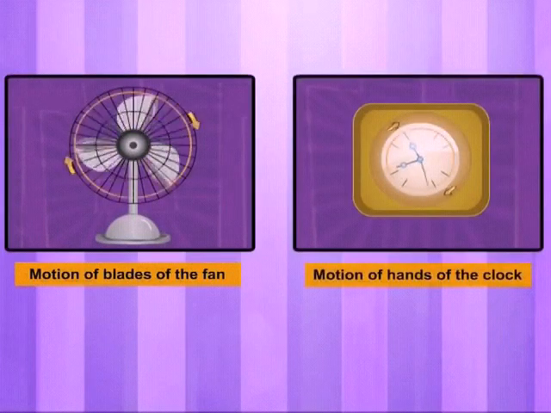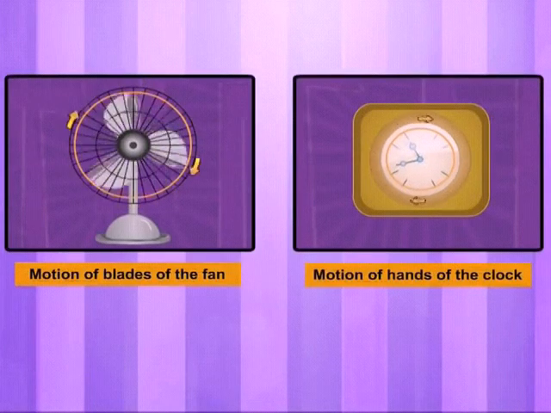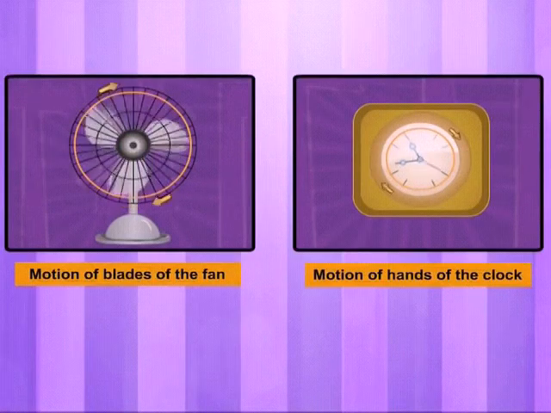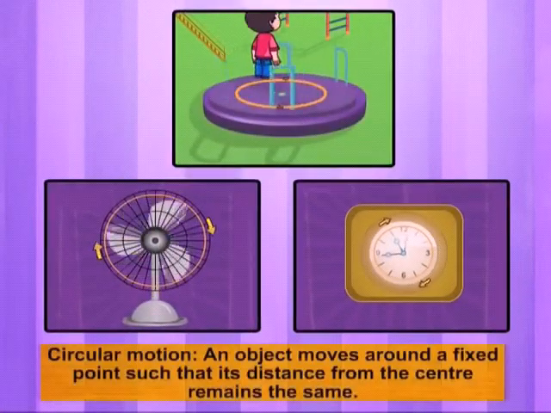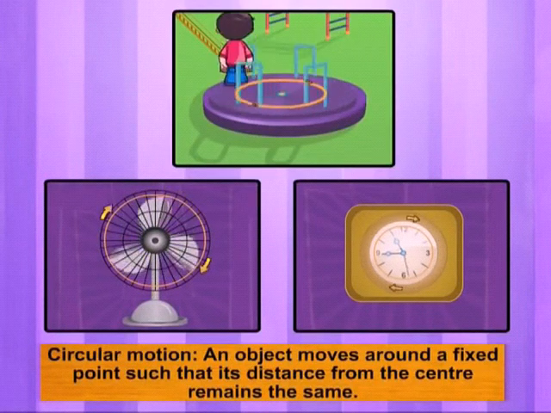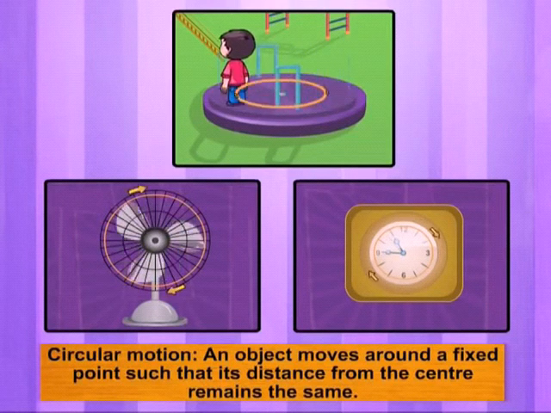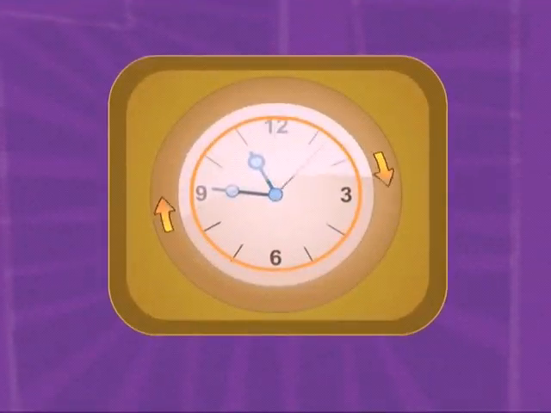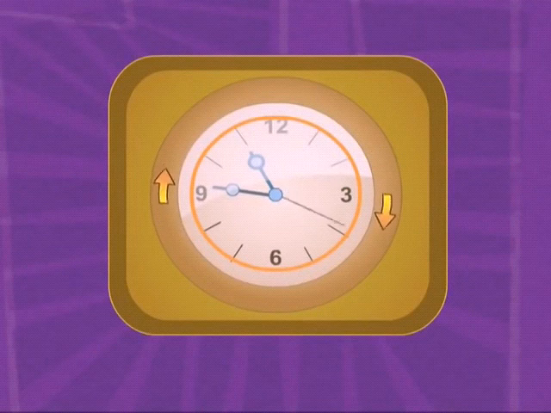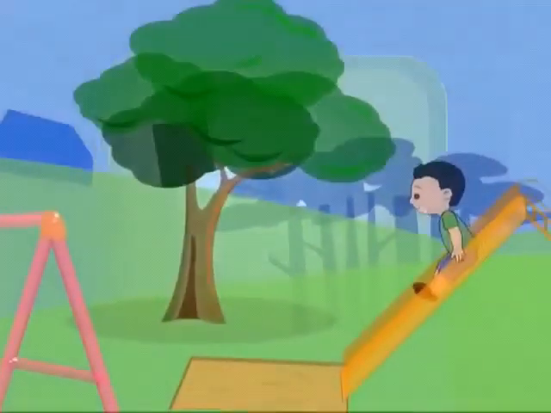In both these motions, just as in merry-go-round, an object is moving around a central fixed point or an axis. When an object moves around a fixed point such that its distance from the center remains the same, it is called a circular motion. Recall that in a circle, the distance of each point along the circumference is the same from the center.